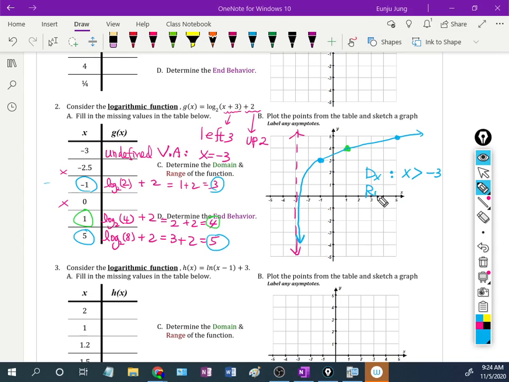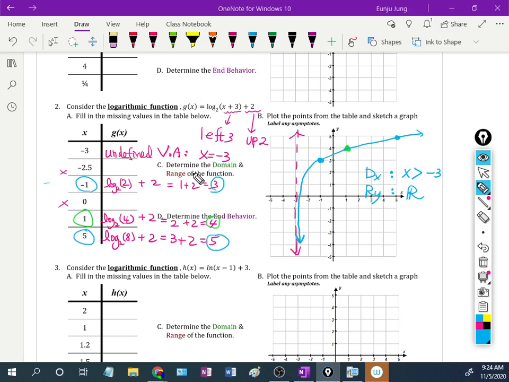What is the range of this function? Range is the possible y values. Look at the end behavior. It goes up, up, up. It goes down, down, down. So all real numbers is the range. So make connections from the exponential function. The exponential function has domain of all real numbers. Now its inverse has range of all real numbers.